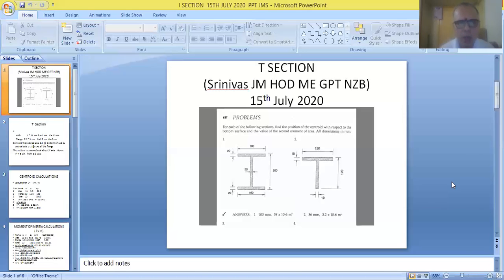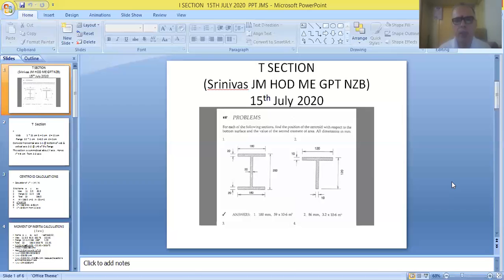So now, as told earlier, we are going to discuss the calculations pertaining to the T section. Now we can see the dimensions of the T section.